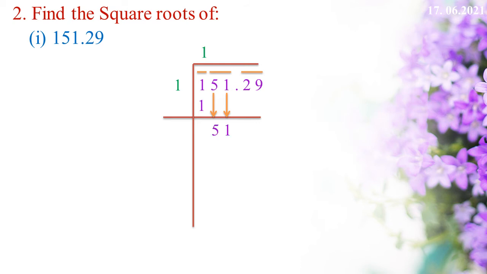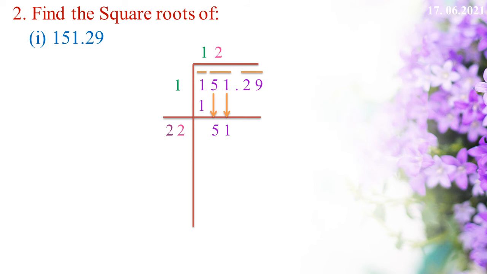Next, bring down the next period 51. Now, obtain the new divisor by taking 2 times the quotient. On doubling the quotient 1, we will get 2 and annexing with it a suitable digit. Here, the suitable digit is 2 and which is also taken as the next digit of the quotient.